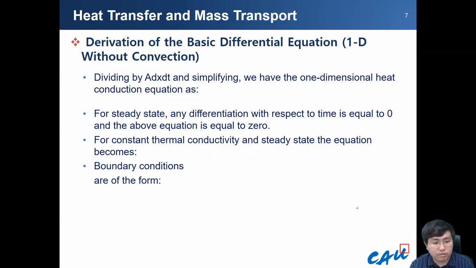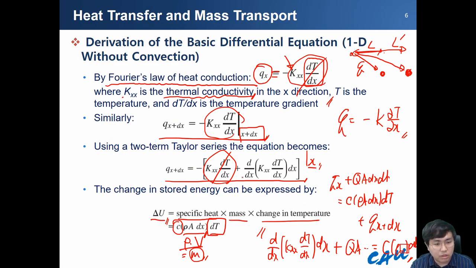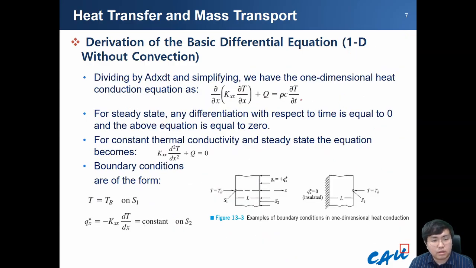Then we can neglect A dx dt, and we can cancel out dt. So finally, we obtain this one-dimensional equation. This is a difference of flux, this is a heat generation, and this is the changing of the internal energy.